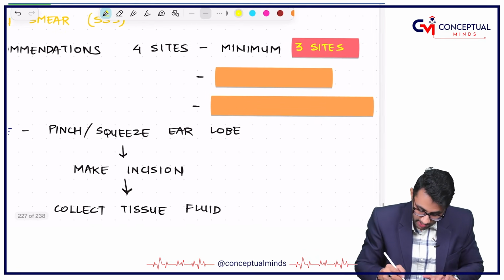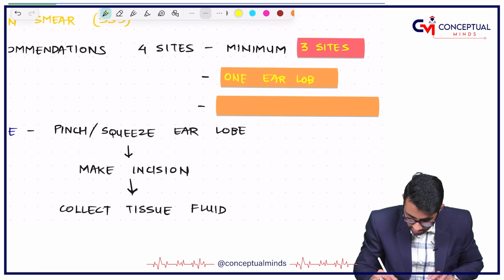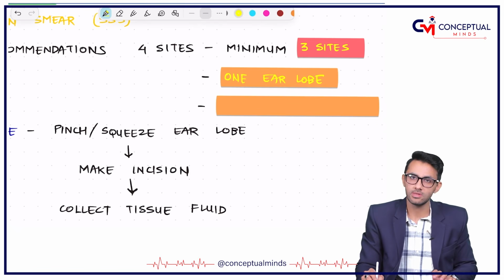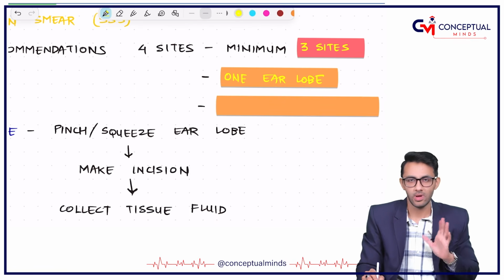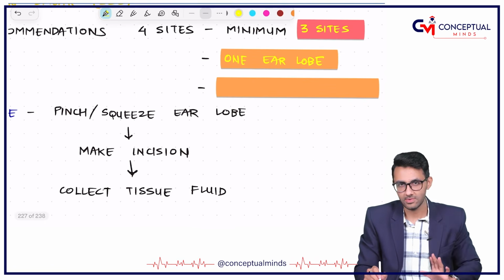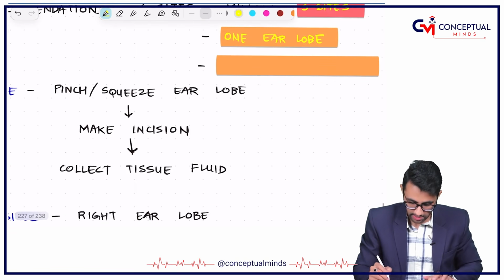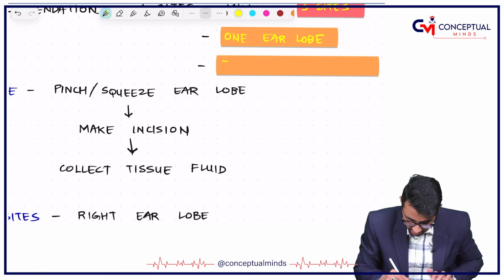Yes, so one ear lobe. And 2 active sites should be there. Okay, so one ear lobule and 2 active sites. The smear has to be collected.